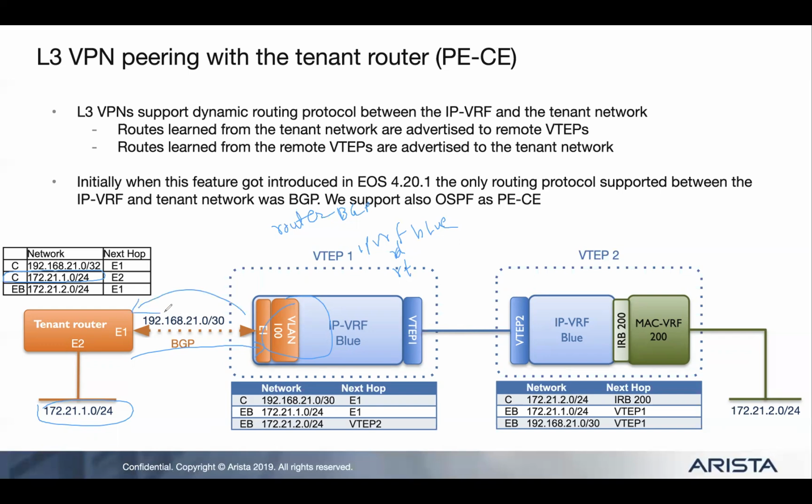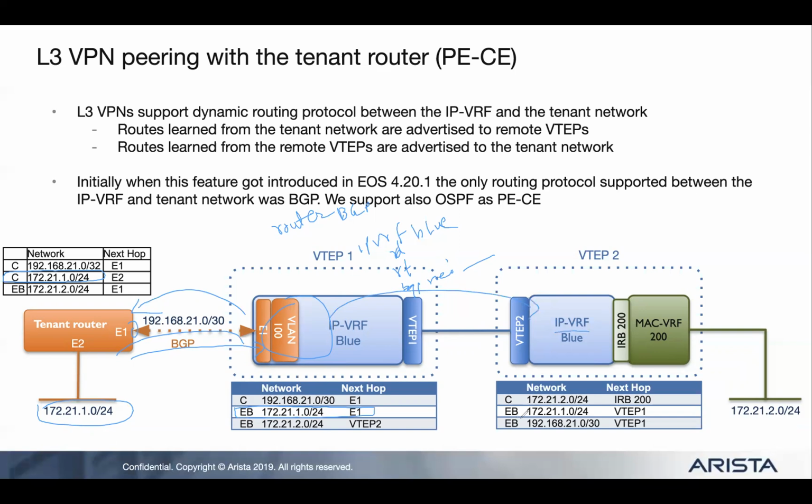So this BGP neighborship is configured under the VRF, neighbor under this VRF, and the other device's neighborship is configured here. So basically you receive this route locally under this VRF, blue VRF. You can generate a type 5 route for this route and advertise the type 5 route to this device.